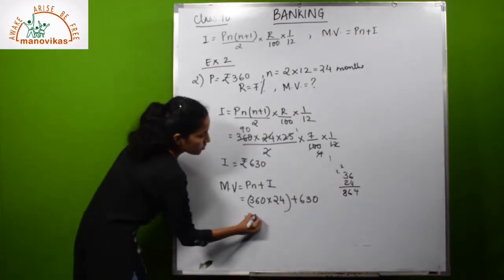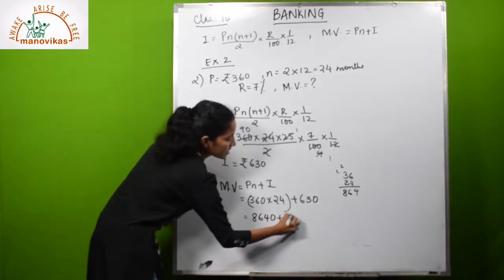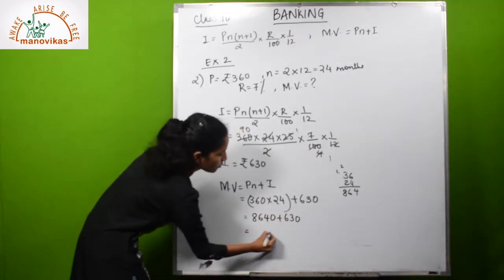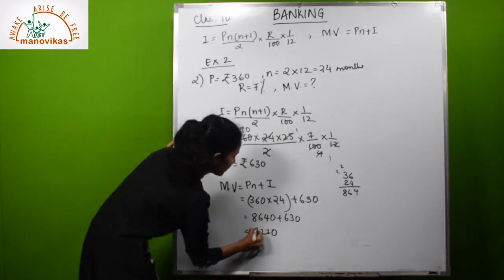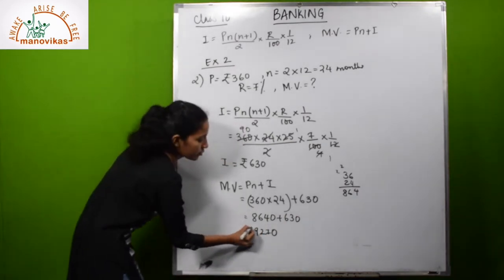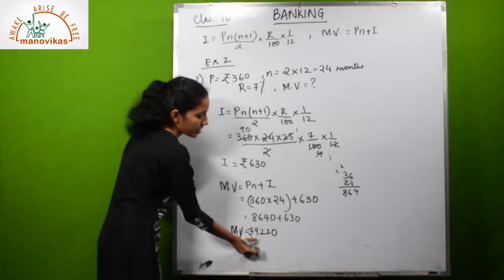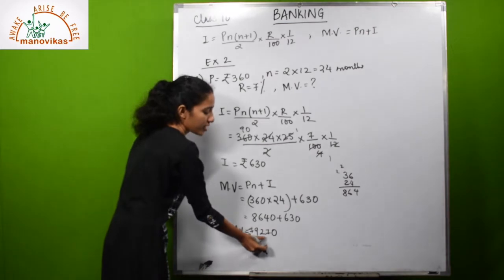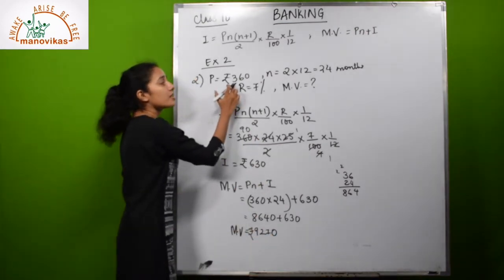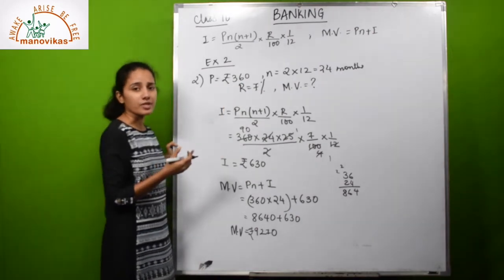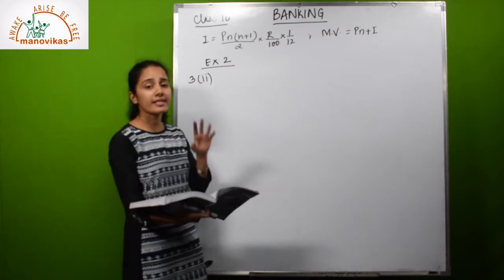So that will be equal to 8640 plus 630, which will be equal to 9270. Do not forget to write rupees. So the matured value after 2 years that he is going to get is rupees 9,270 when he pays rupees 360 every month.